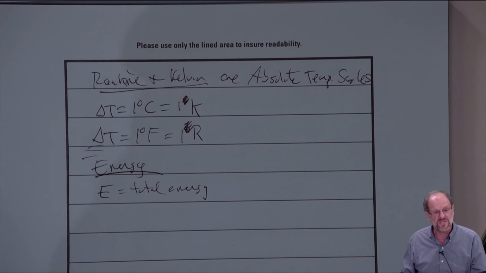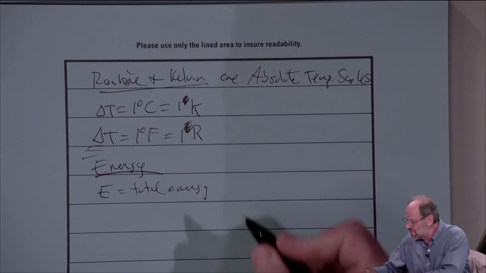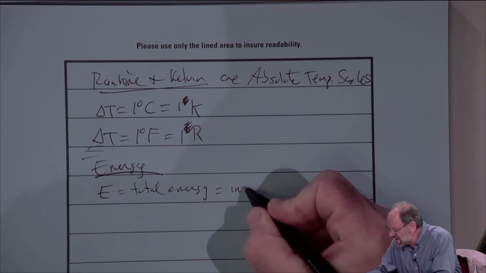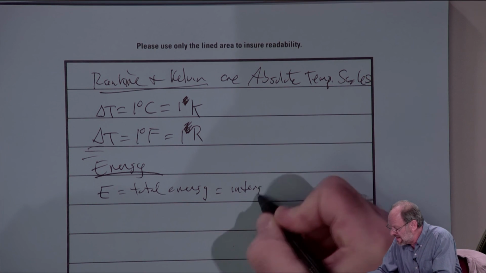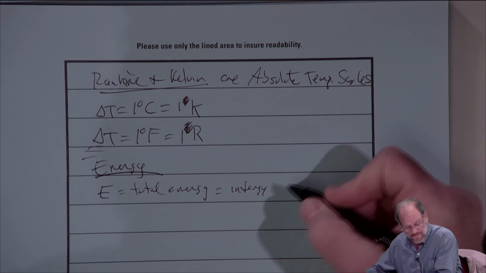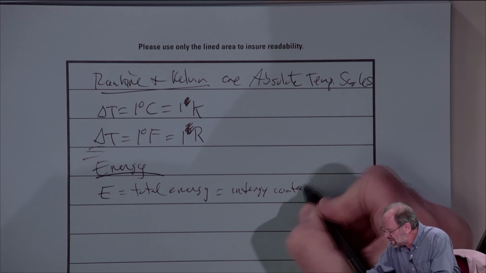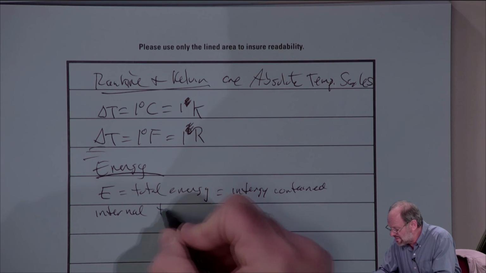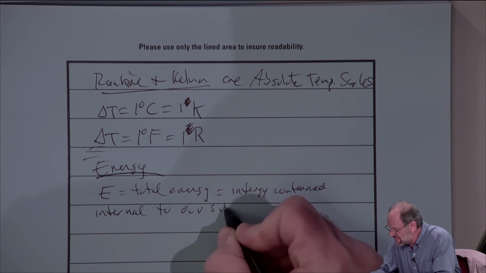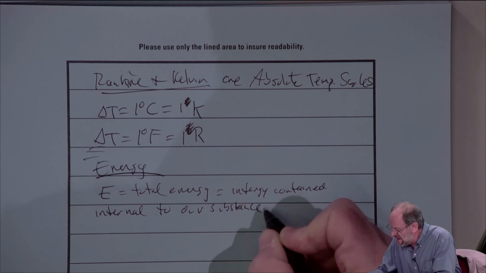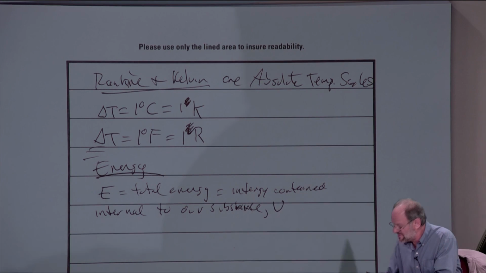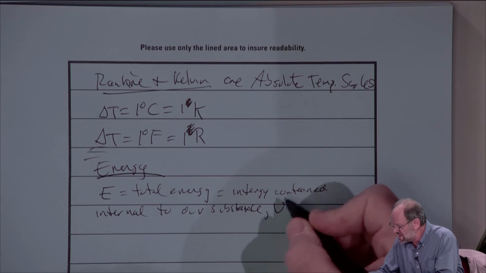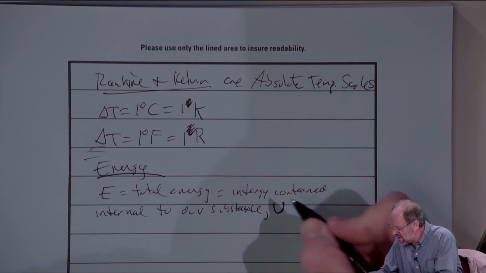And this is actually the sum of the energy contained internal to our substance plus the energy due to outside forces or motion. In fact, the letter we give for the internal energy is U. So this is not a V, this is a U. It has a nice rounded bottom here.